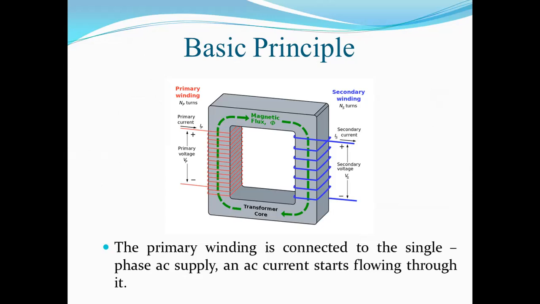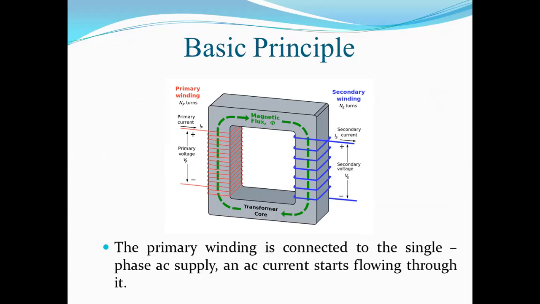Mainly we use CRGO, cold rolled grain oriented steel, to reduce eddy current losses, that is, I square R losses in the core. For the winding, we use copper winding.